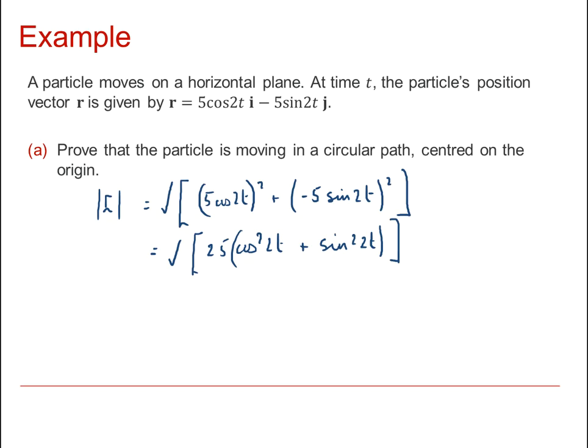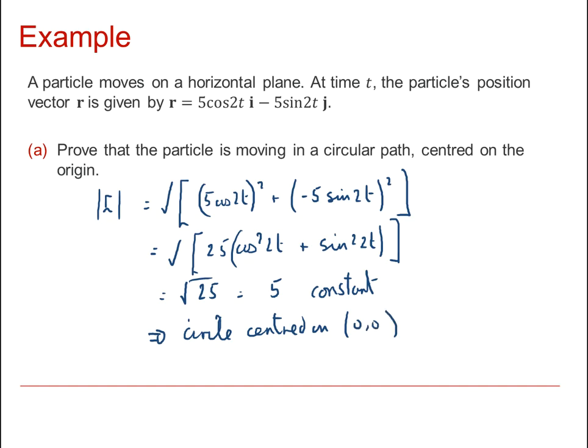Because cos squared plus sin squared is equal to 1, this is root 25, which is equal to 5, so it's a constant, and therefore the particle is moving in a circle. That circle is centered on the origin, and it has radius 5.